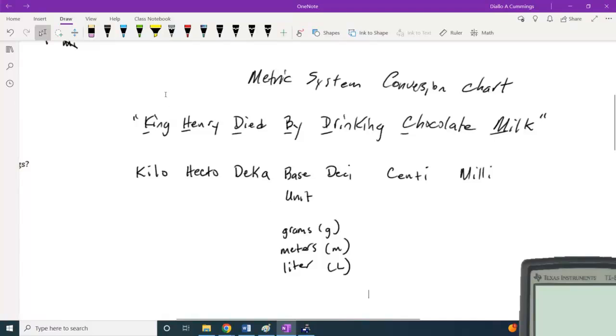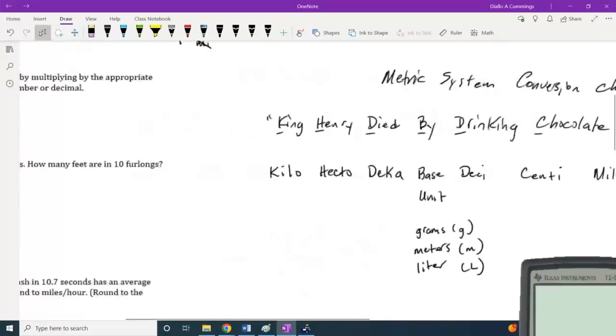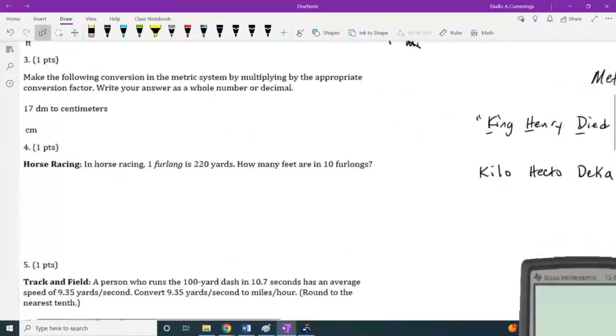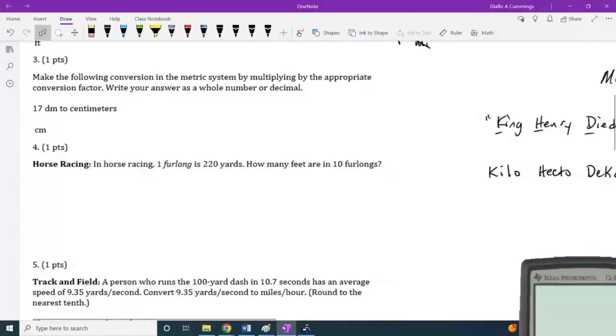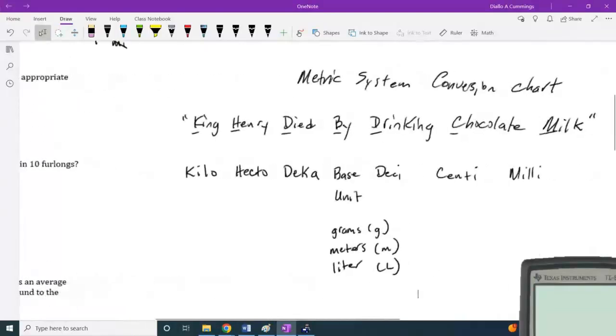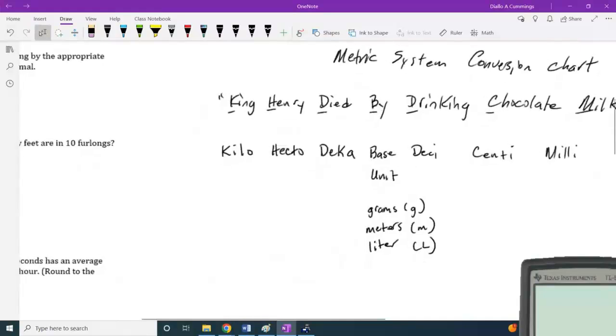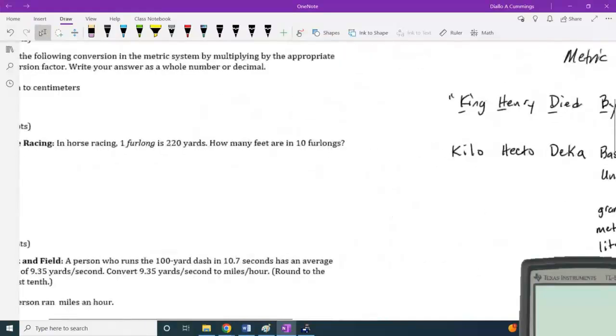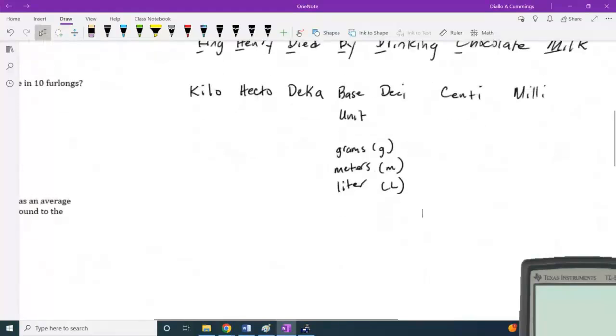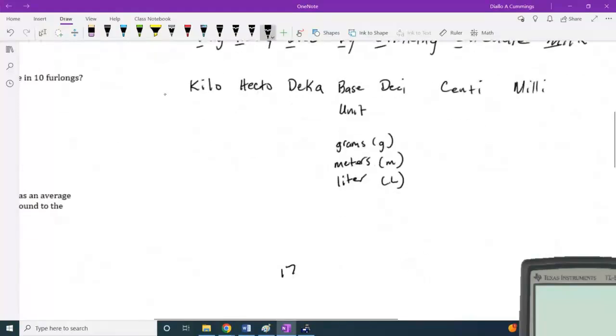So let's see how this chart works. All right. In my problem, we're asked to convert 17 dm. So dm is for decimeter, and we want to convert that to centimeters. 17 decimeters to centimeters. What I'm going to do is find where 17 decimeters would lie in this chart.